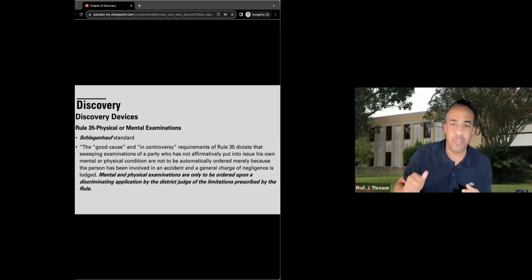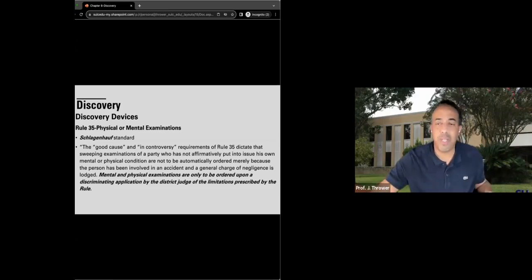Schlagenhauf specifically says that mental and physical examinations are only to be ordered upon a discriminating application by the district judge of the limitations prescribed by the rule.